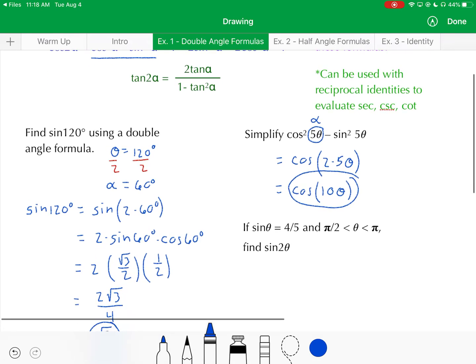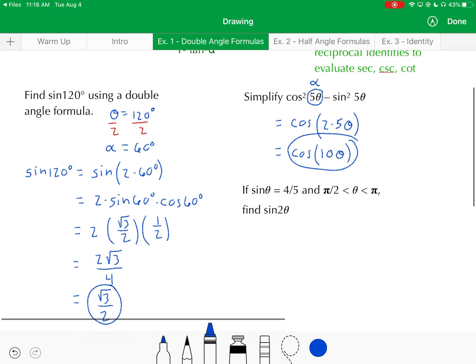All right, last example. If sine of theta is equal to 4/5, and theta is between pi over 2 and pi, meaning it's in quadrant 2, find sine of 2 theta, okay? So let's draw out that angle theta.